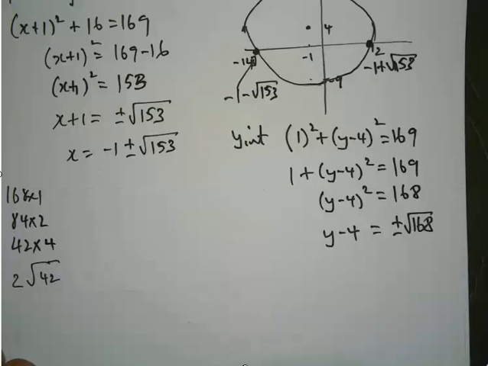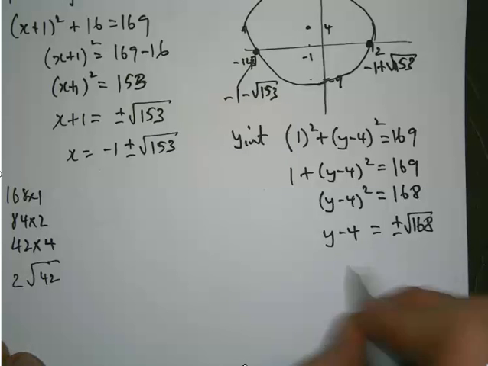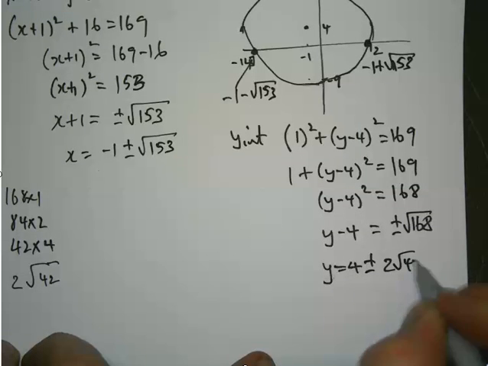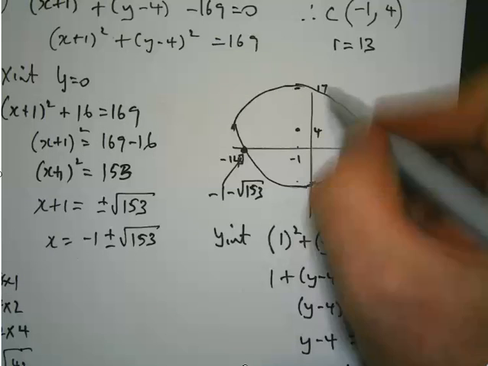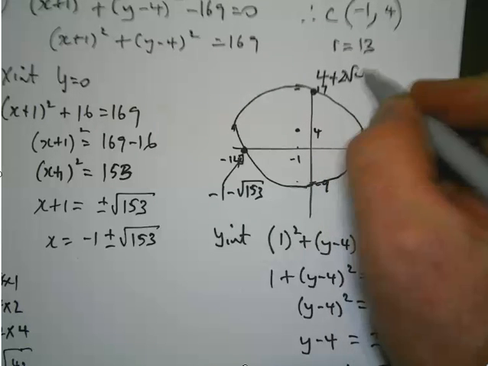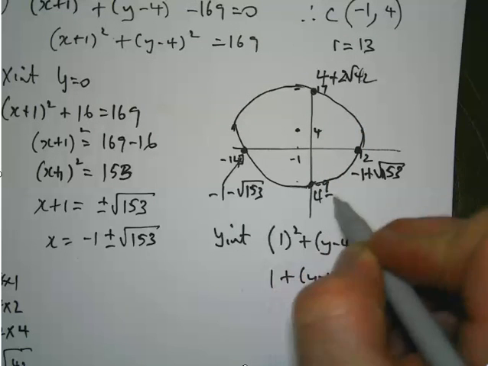With 42, 4 doesn't go into it, 9 doesn't go into it, so I can't simplify that. I'm just going to leave that as y = 4 ± 2√42, which means that coordinate there is 4 + 2√42, and that there is 4 − 2√42.